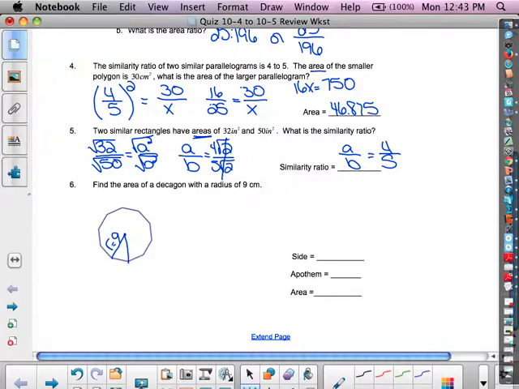Then you'll need to find this central angle measure by dividing 360 by the number of sides. It's a decagon, so it has 10 sides. That means the central angle measure is 36 degrees.